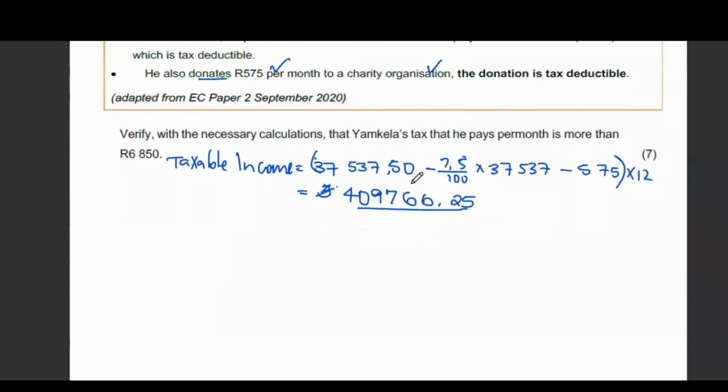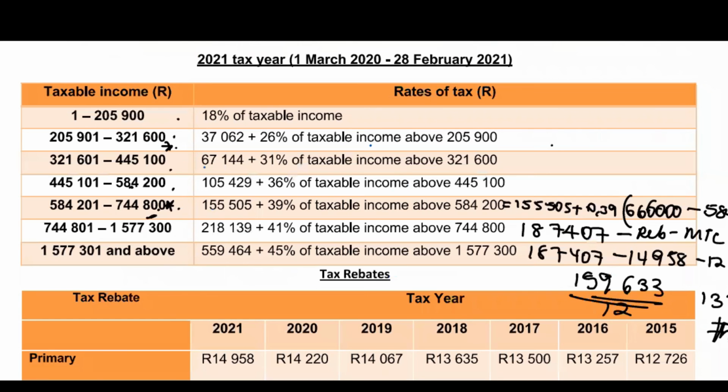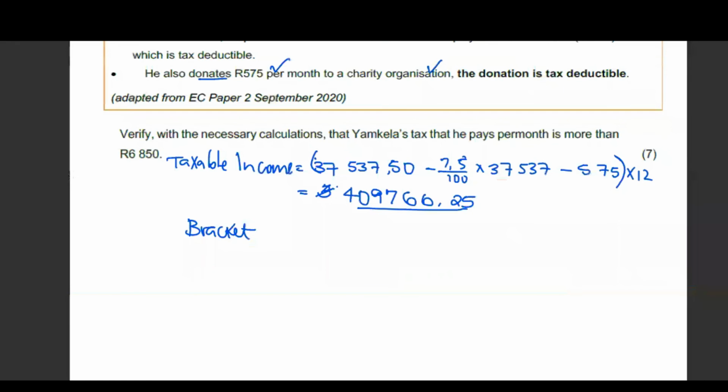Second step, we determine the bracket. Which bracket does it belong to? We say the person has bracket number 3.